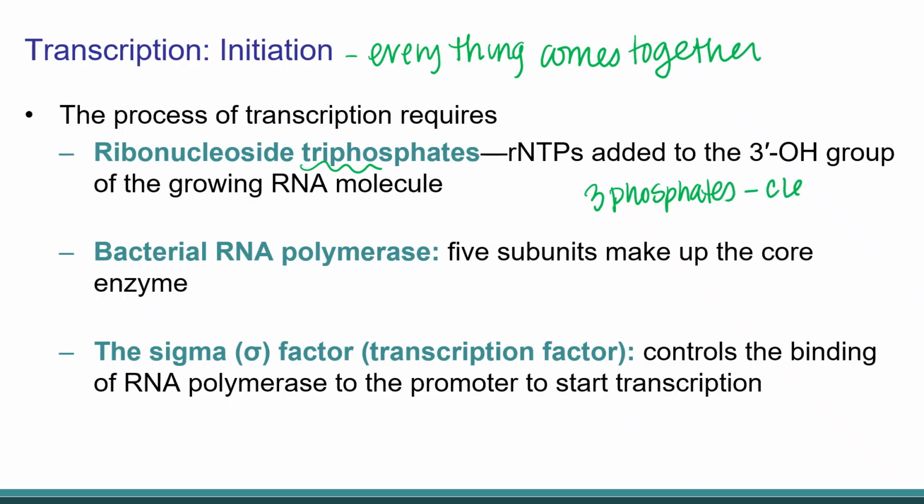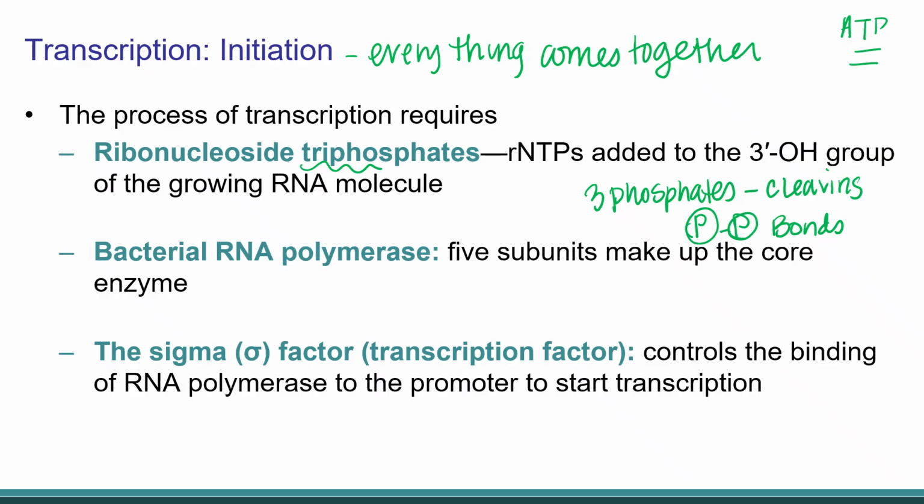And the cleaving of the bonds between the first 2 phosphates is going to release energy that can be used to catalyze the bond between our 5' and 3' end. So the triphosphates are there for energy, just like in our ATP molecule, which is adenosine triphosphate, which is a modified nucleotide, but it's being used for energy.